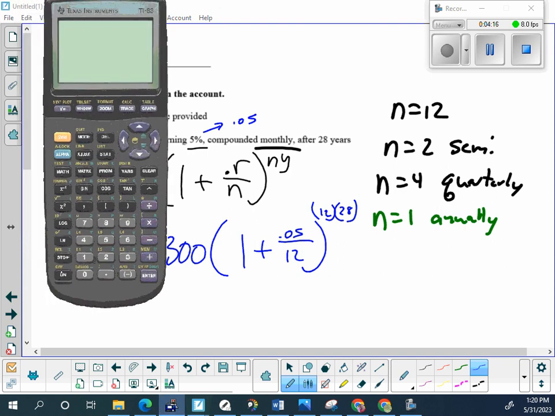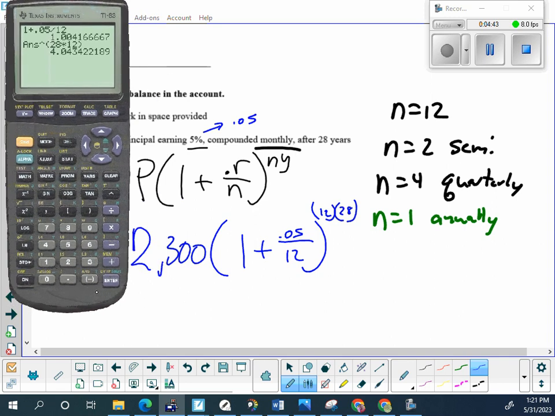Again, if you have a regular calculator, I would work from the inside either way. So inside, 1 plus 0.05 divided by 12 is that value. So that's what the inside is. Now I'm going to raise that to the 28 times 12 power. That gives me that answer.